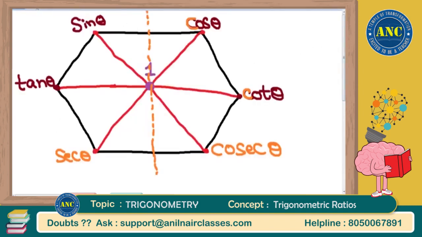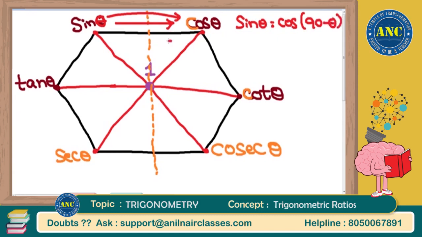If I use the super hexagon concept and go parallelly, horizontally, sin theta can be written as cos: sin theta is nothing but equal to cos of 90 minus theta. Or you can go horizontally in the reverse direction also: cos theta is nothing but equal to sine of 90 minus theta.